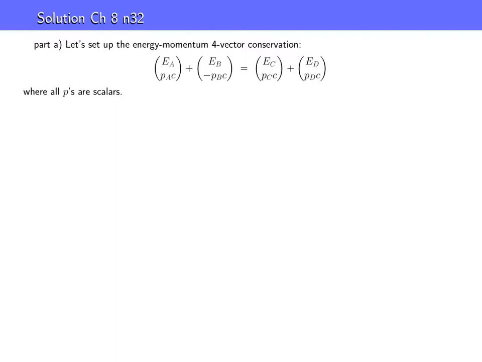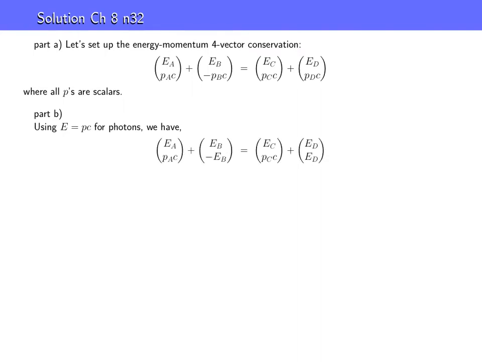Part B asks to use the expression for the energy of a photon to insert that and modify this expression as necessary. That's pretty straightforward because there's two photons in this story, so this term here becomes minus EB, and of course PD c becomes ED.